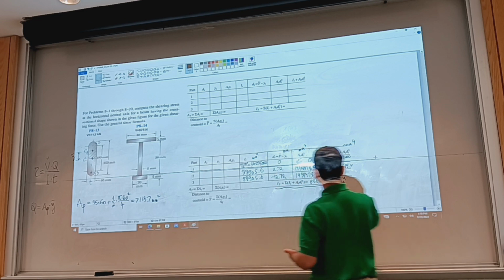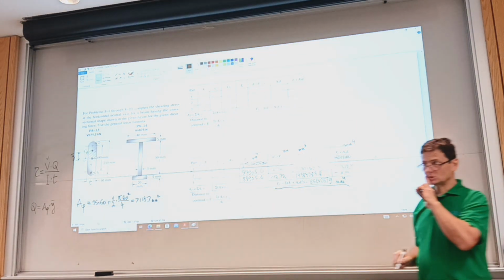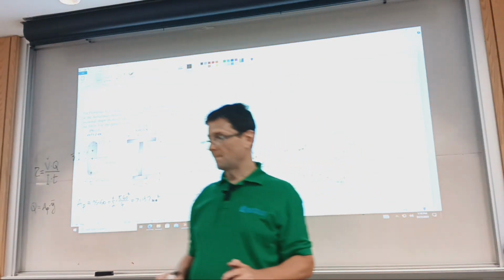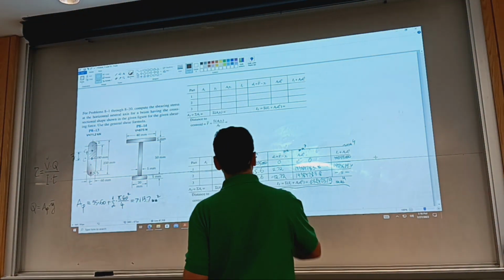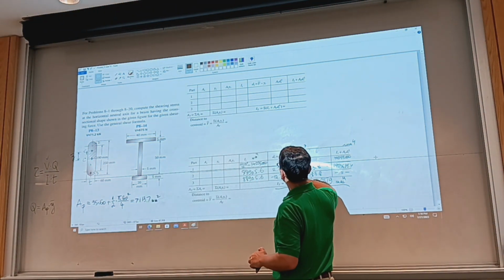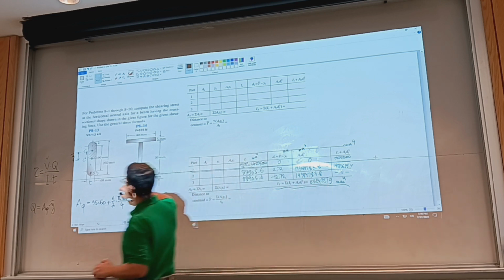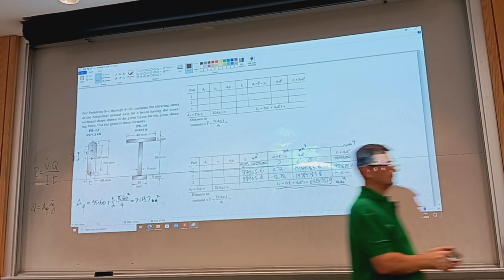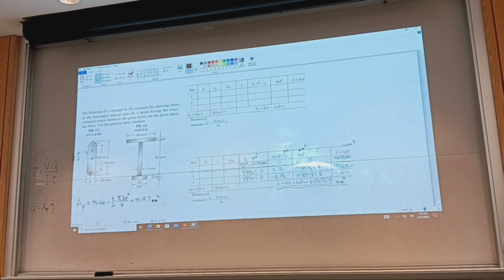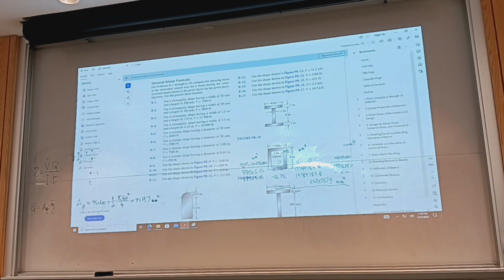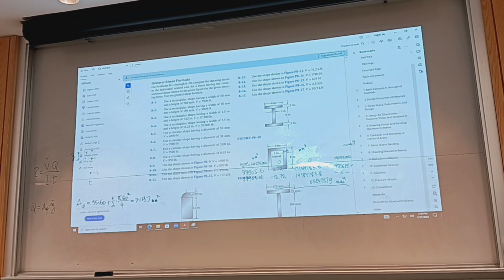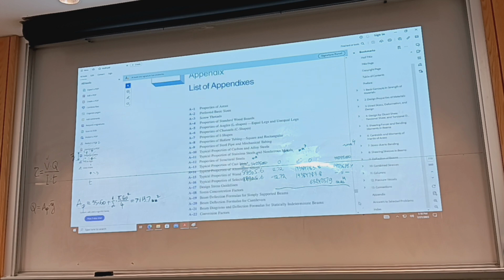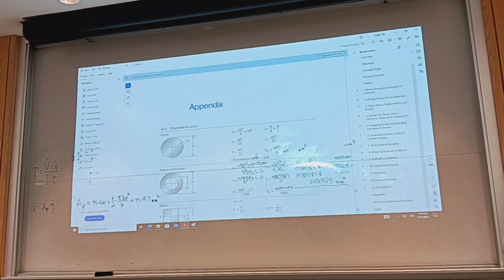Okay, so this is the total area moment of inertia. Yes, question. Where did you get the 12.72? This is the distance from the centroid. I need to bring it up so you can observe it. If I go to the appendix, semicircle, and then this one.